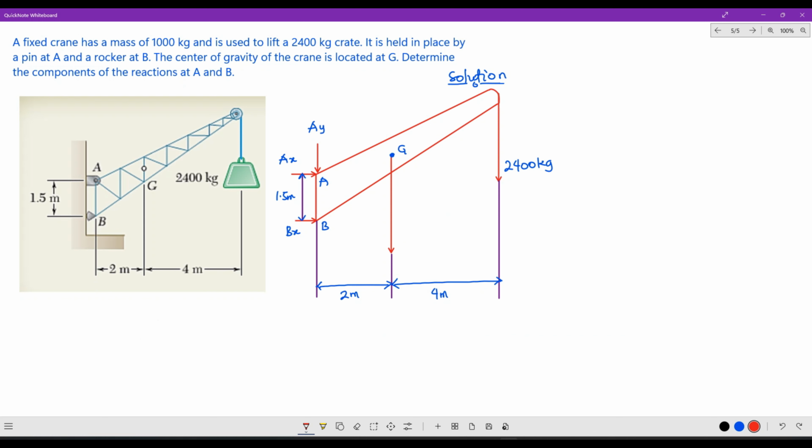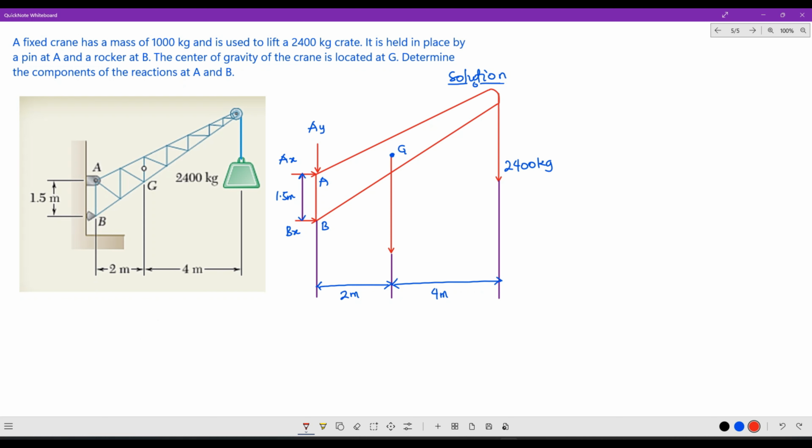One of the first things you will have to do with this question is to draw the free body diagram. I have my free body diagram here, and I'll indicate the reaction forces. Because we have a rocker here, it can slide vertically, but it can't slide horizontally. So you are going to have a reaction force in the x-axis direction, which I have indicated as Bx.